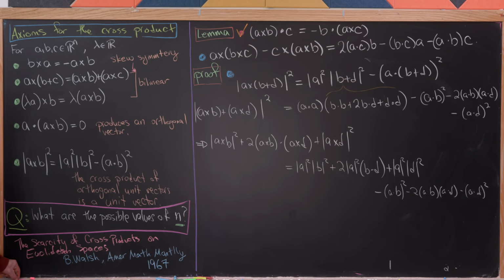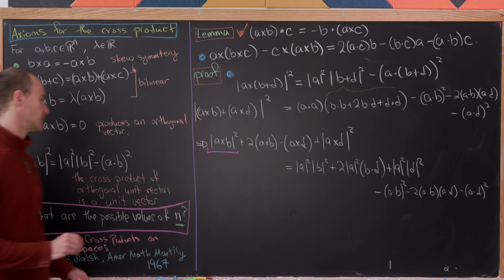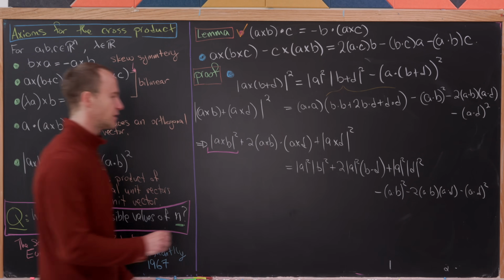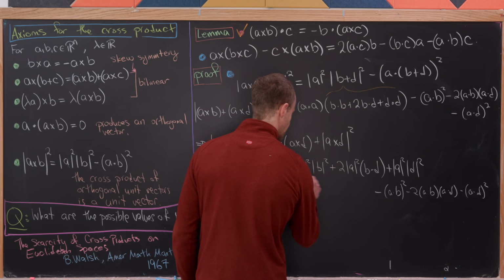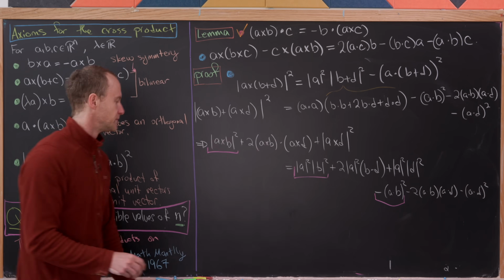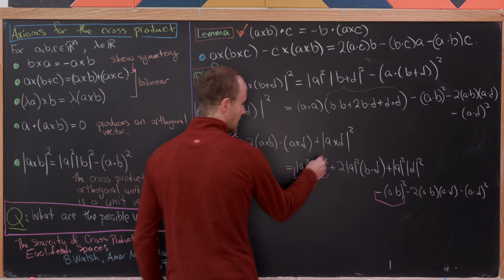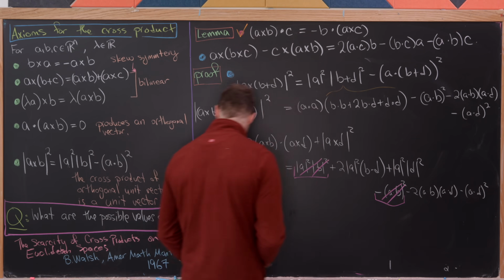So those bits are going to cancel. So observe that we know that a cross b squared is equal to, let's see, this term minus this term. Again, by this axiom. So that means those will cancel down, so we can get rid of them.